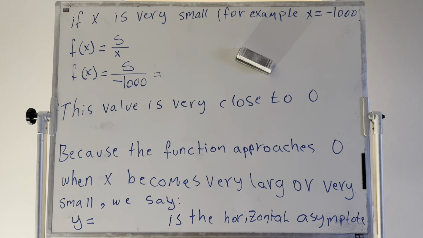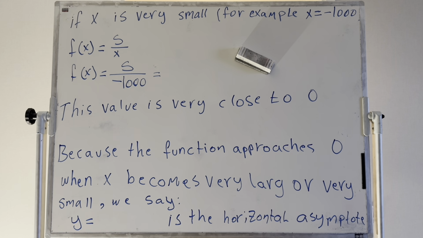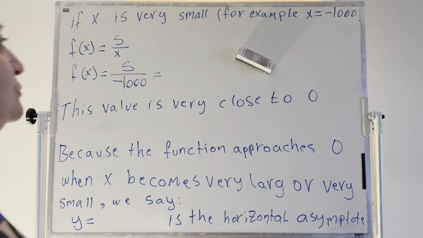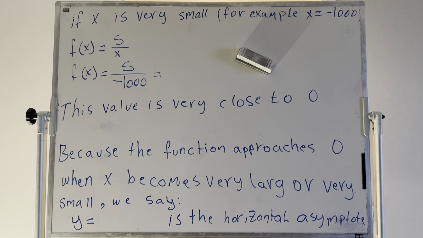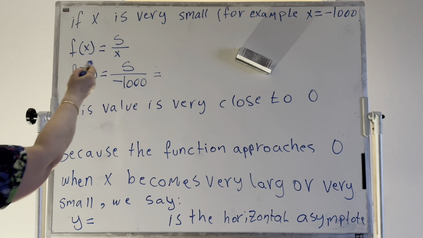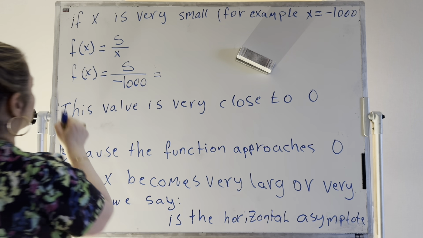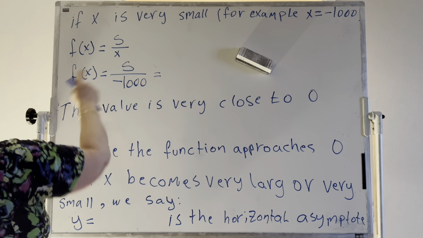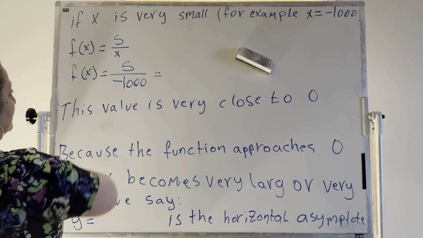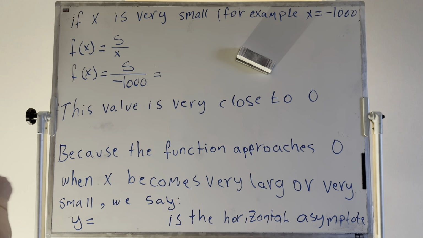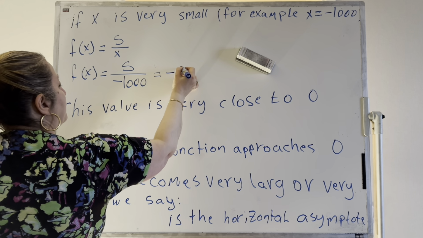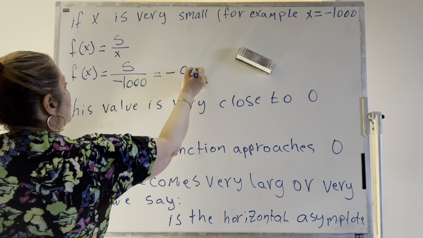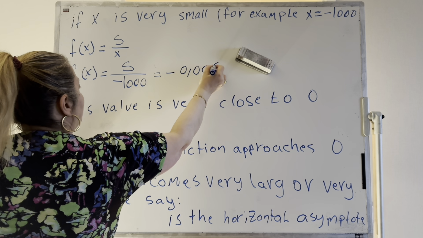If x is very small, for example, x equals minus 1000, and f of x equals 5 over x, I will substitute minus 1000 for x, so f of x equals 5 divided by minus 1000, and I will get minus 0.005.